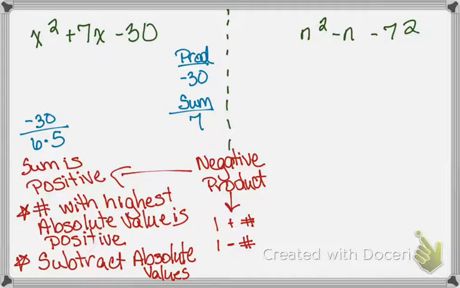Which one of those is going to have the negative sign if I'm looking at this set of information? The big one or the little one? Little one, okay? Because in this situation, I've determined that my higher absolute value is positive. So when I'm doing this, I'm going to put the negative sign with all of my smaller numbers.